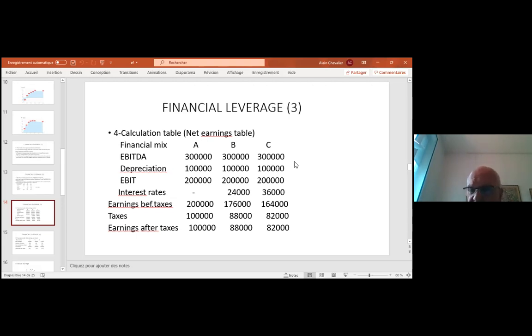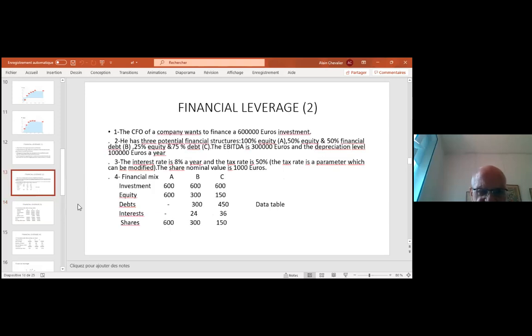Now in the second part of this calculation table, you have a few differences, okay? And this is due to the interest rates. As we calculated in the preceding slide, the interest level for 1 year on the project with the three different financial mixes is 0, 24,000 and 36,000.